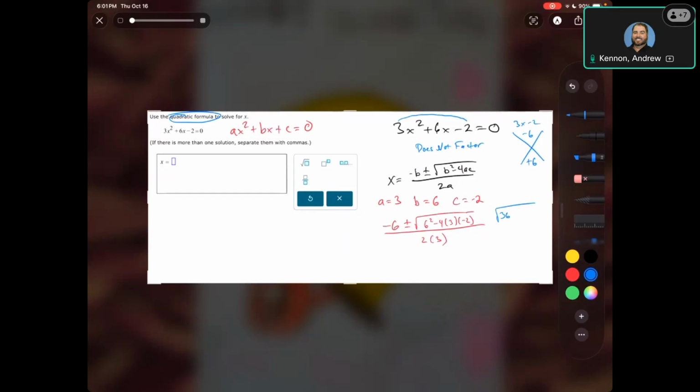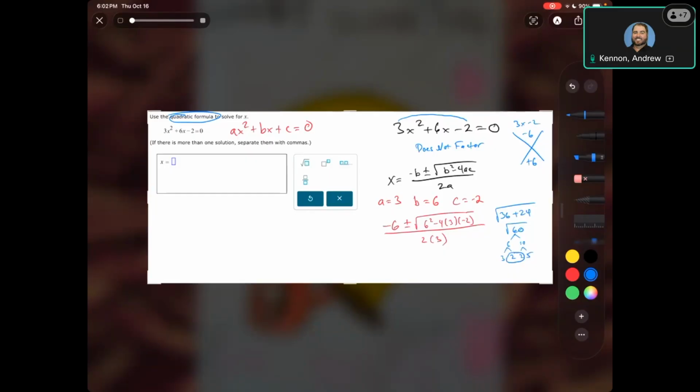Negative 4 times 3 times negative 2 is positive 24. That's the square root of 60. I think 60 is a... No, that does break down. 3 and 2, 2 and 5. So you have a pair of 2's that break out.